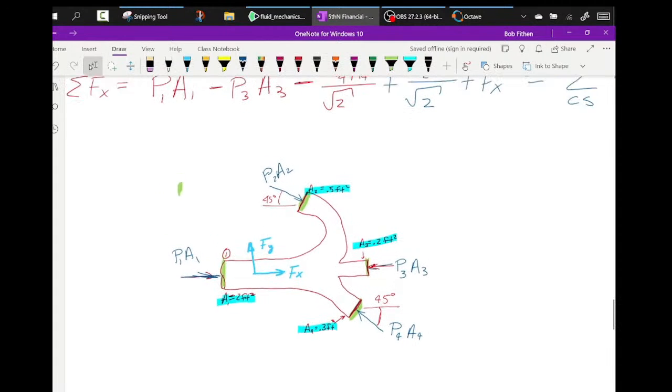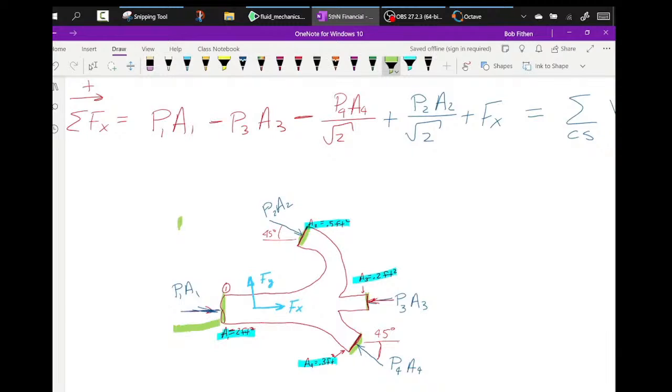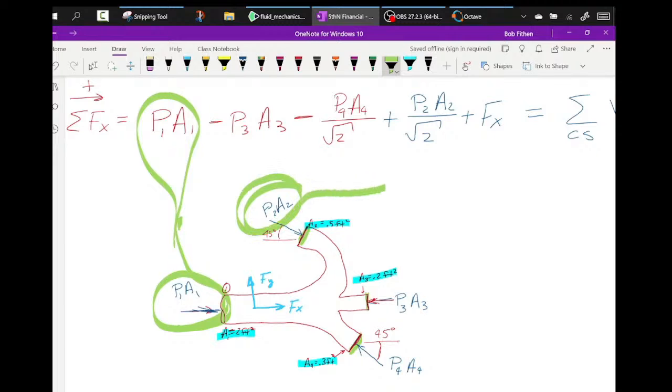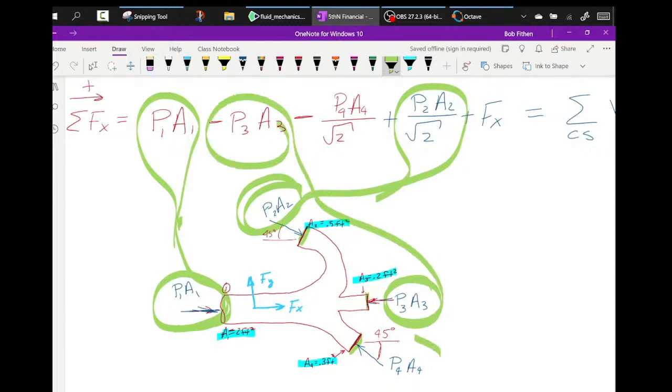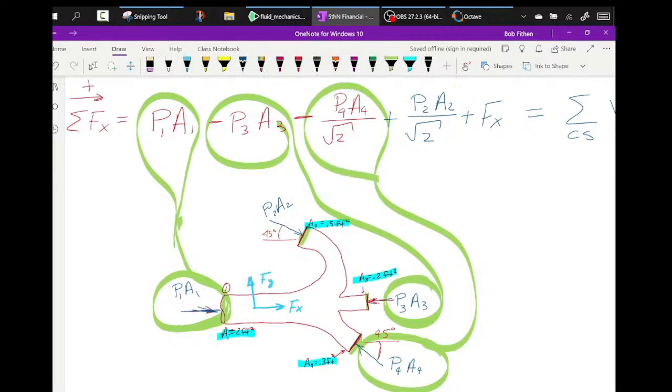Those are just listed straight up. There they are, not kind of in order, but right there. And here's 3 right here. Here's 4 sitting right there. These are all surface forces.